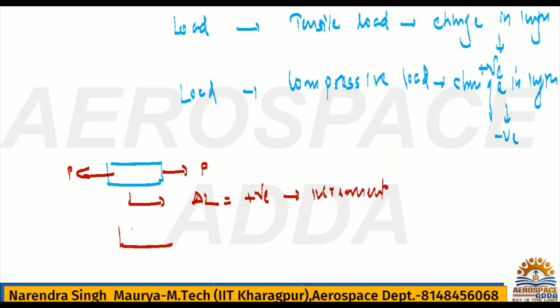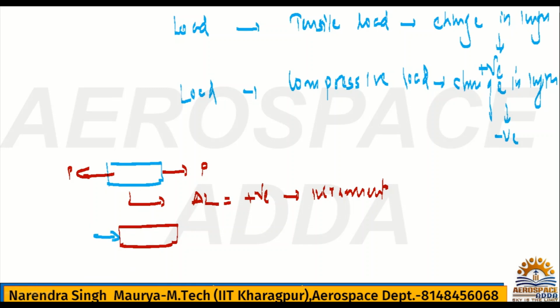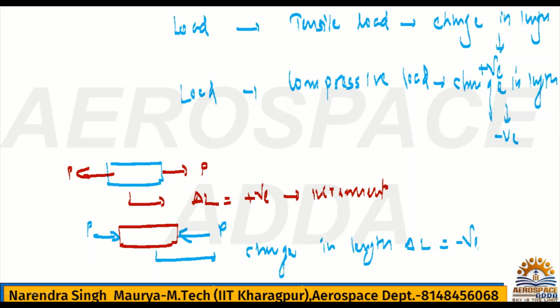Similarly, suppose we have a bar here, and this bar is connected with compressive load P. Whatever the change in length we have here, that will be negative, meaning decrement. This is the simple logic we have to use.